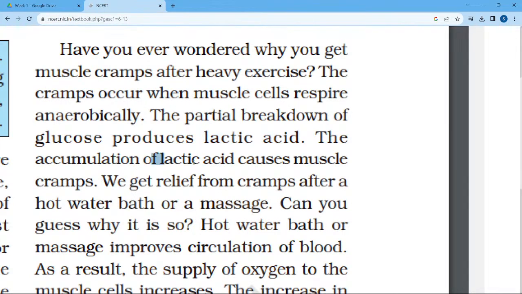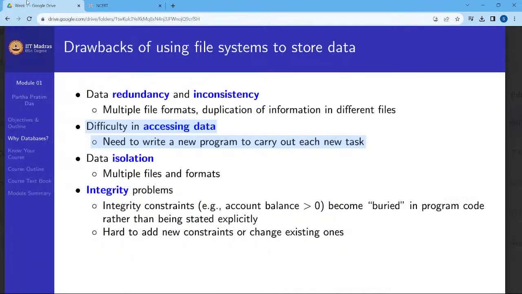Let's say lactic acid, you would have to define a word on the right of accumulation, a word on the left of causes, a word in the sixth line. It would be really hard to tell a PC how to reach a particular word, right? There are multiple files and multiple formats, which is really hard to work on through file systems.